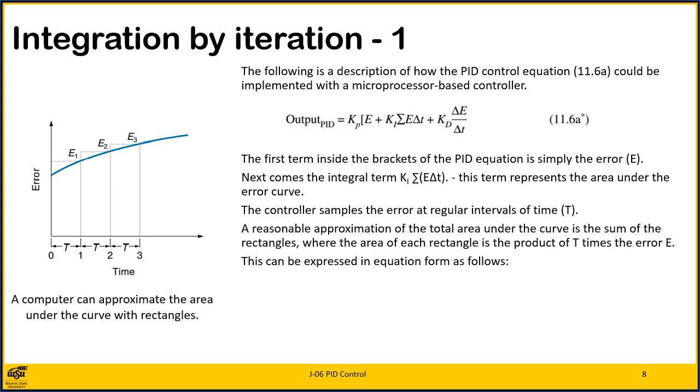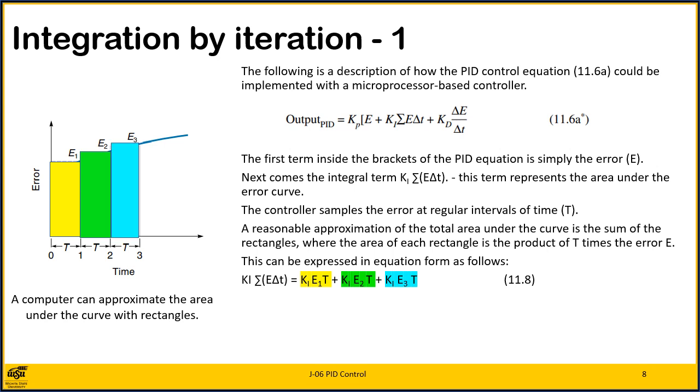Ki epsilon E delta T is equal to Ki E1 T plus Ki E2 T plus Ki E3 T.